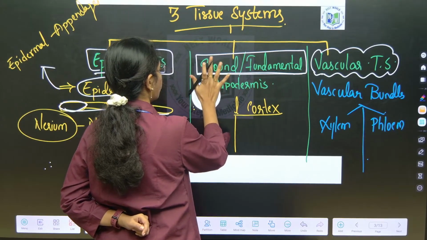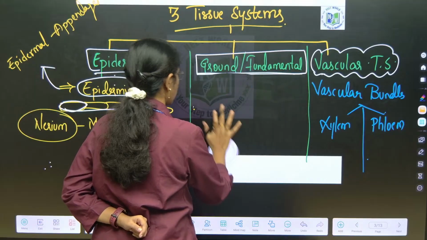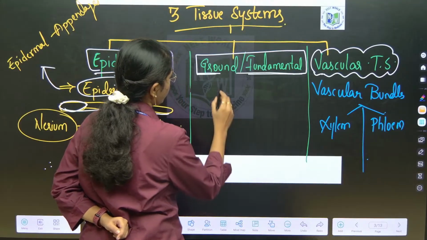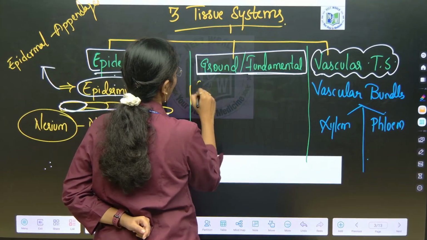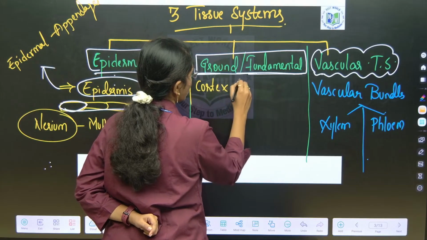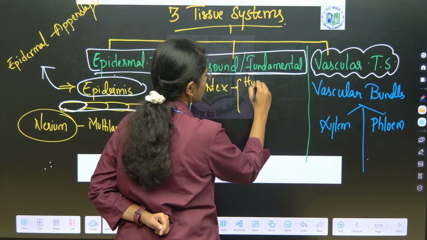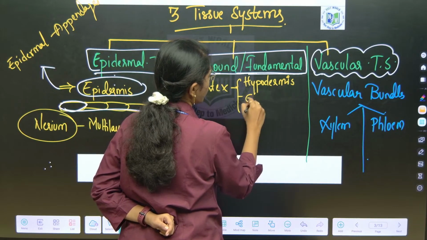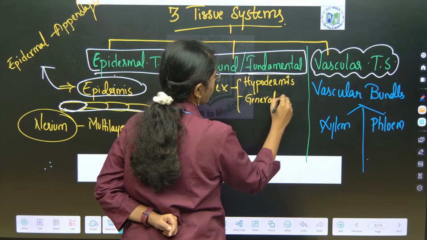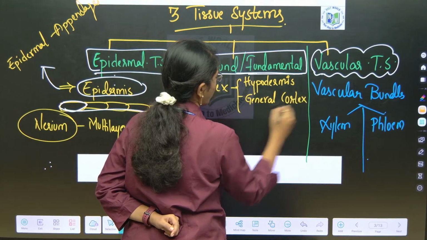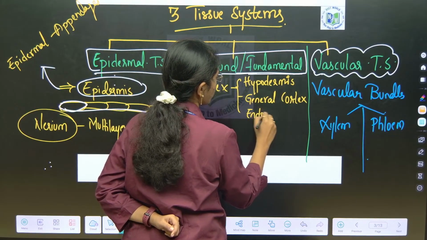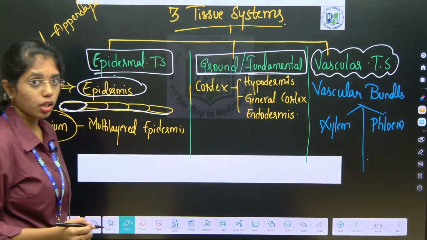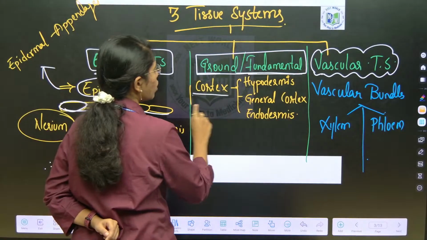So below the epidermis, the cortex region includes hypodermis, general cortex and endodermis.